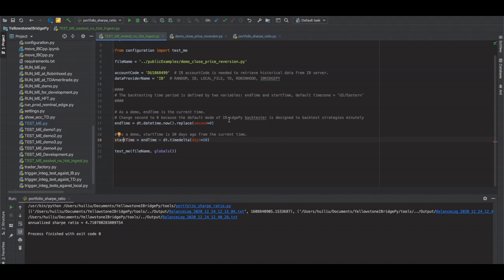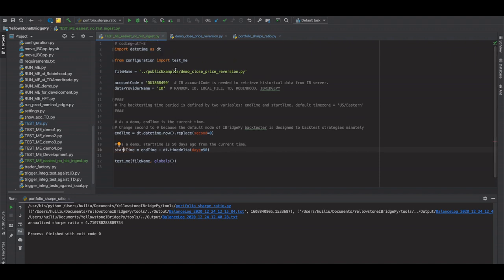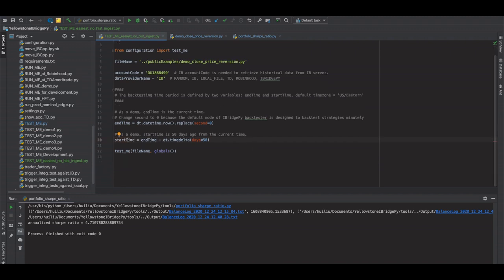And that's all you need to define in the easiest backtesting system right now. Let me repeat, what you need is file name, account code, end time, start time. That's pretty simple already. Okay, let's switch to the task. Okay, it's not there. Let me run from there.